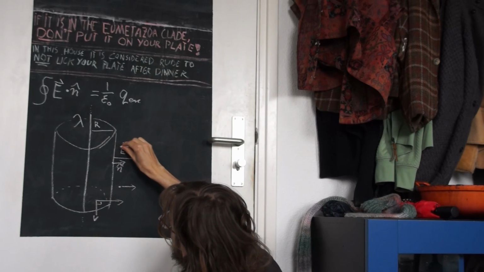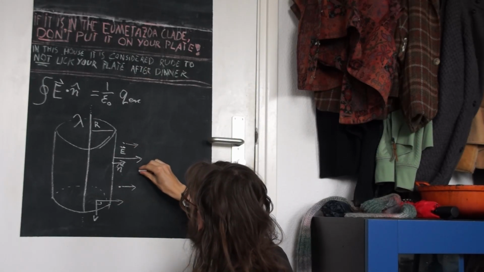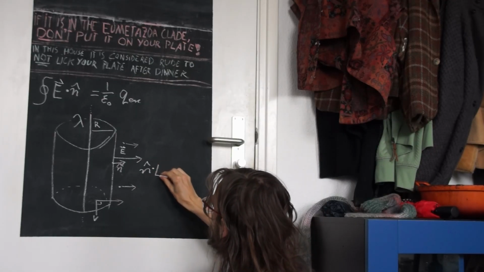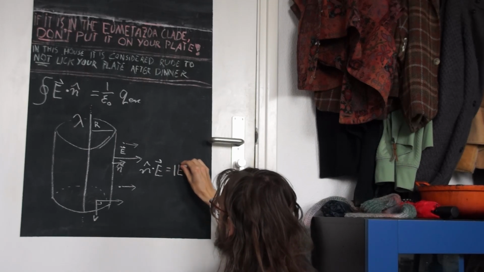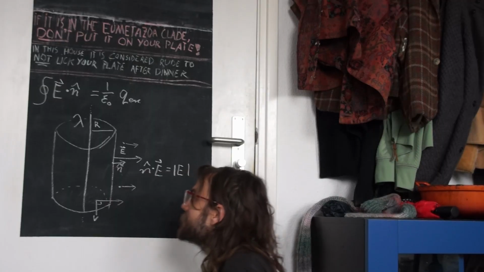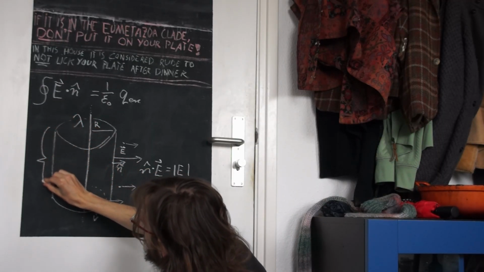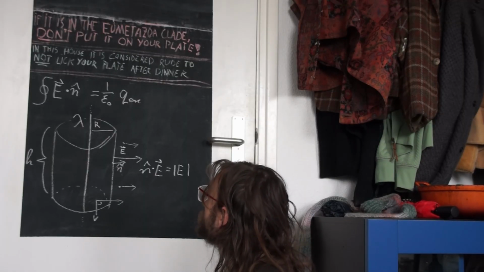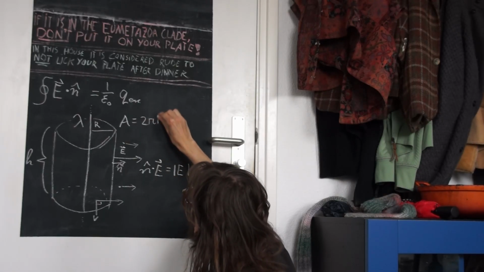And that means that since the normal vector has length 1, our normal vector dotted with our electric field is just going to be equal to the strength of the electric field. The last thing to calculate is the area. Let's say that the height is h. Then the area is of course going to be 2 pi r h. So A is 2 pi r h.